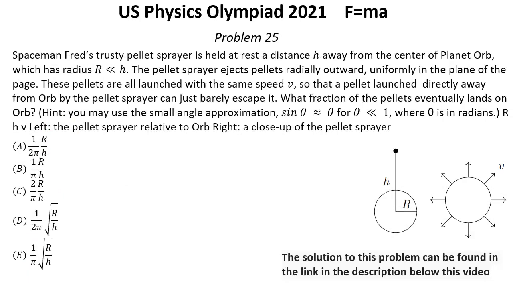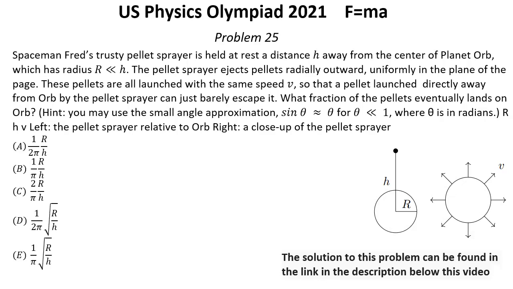Problem number 25. Displacement Fred's trusty pellet sprayer is held at rest a distance h away from the center of a planet Orb, which has radius big R much less than h. The pellet sprayer ejects the pellets radially outward, uniformly in the plane of the page.